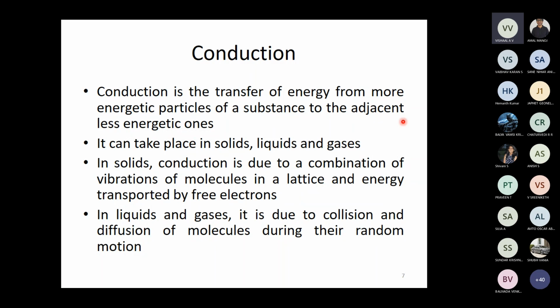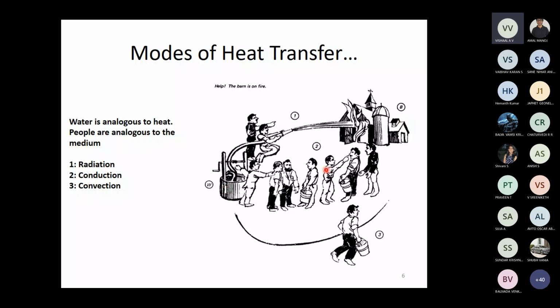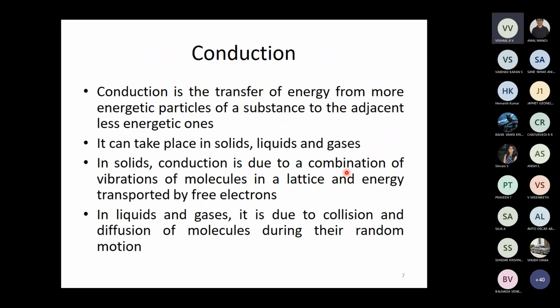So conduction is a transfer of heat energy from more energetic particles, that means particles having higher thermal energy, of a substance to the adjacent particles with less energy, that means cooler particles. So heat transfer takes place from higher energy particles to the adjacent ones only. It cannot travel a long distance, so it can only transfer energy to the adjacent ones, like in this example. That is what we call conduction.